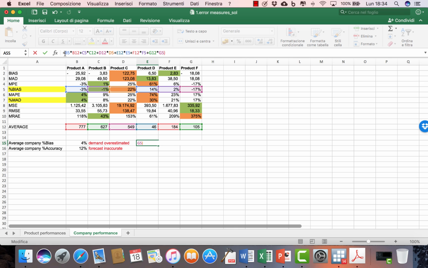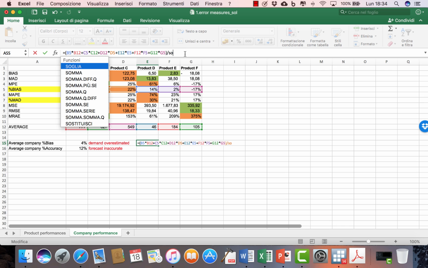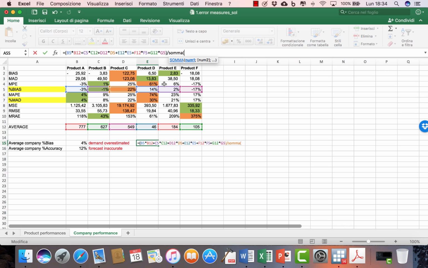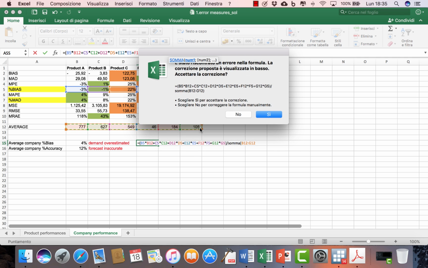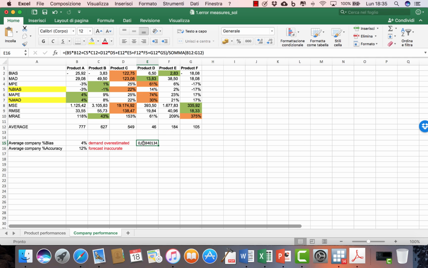And I have the numerator, and the denominator is the sum of the values of the average demand. And you see that if I convert to percentage, we have the same value. So I have a demand which is overestimated on average by 4%, and the same goes for the accuracy.